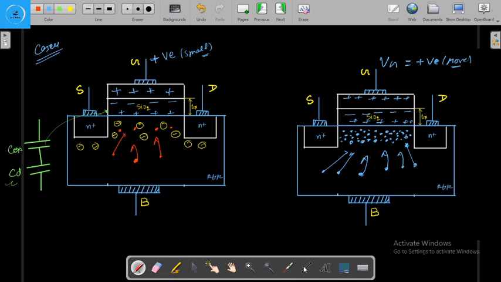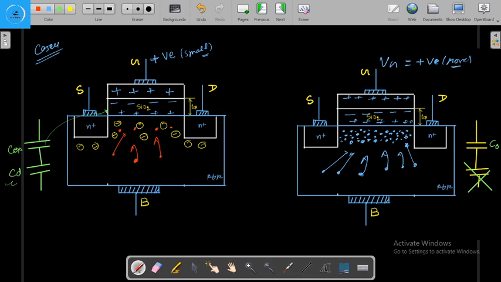And here the capacitance will be, right here the capacitance will be, this is the oxide capacitance and this is the depletion capacitance. And since the depletion region is not present here, this depletion capacitance will not be here, only the oxide capacitance will be present here, this is COX, right?